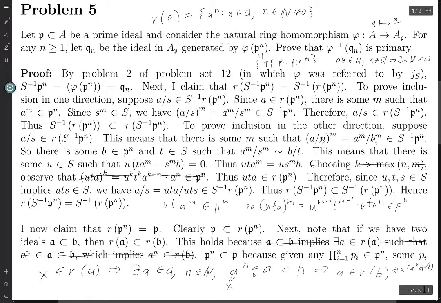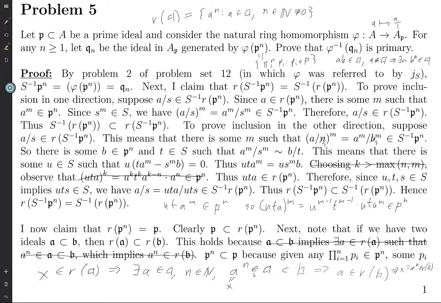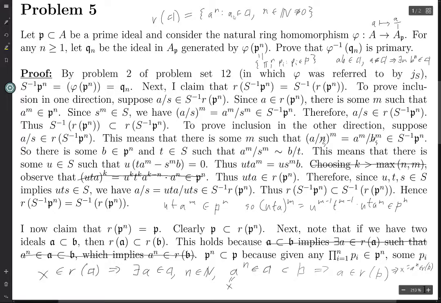But anyways, this holds because if you have an element x in the radical of A, then there is some a and some n such that you can write x as a to the n, where a to the n is in this ideal here. That's what it means to be in the radical. Right? Because the radical is all things of the form a to the n, where a is in A and n is in the naturals.